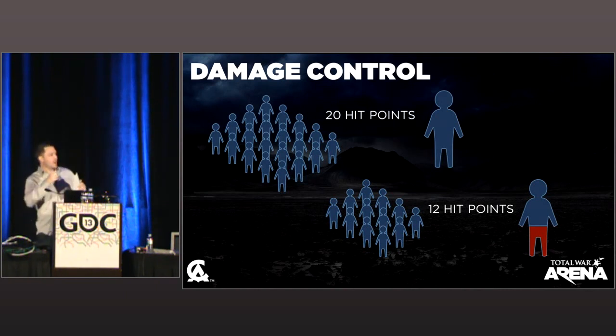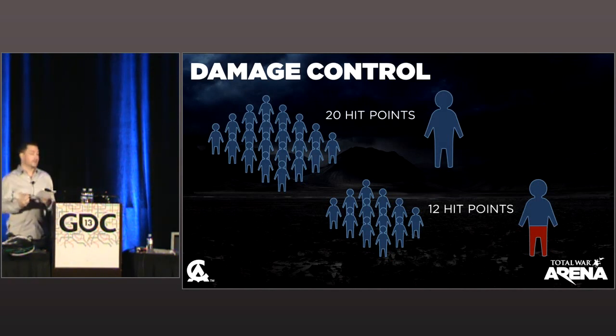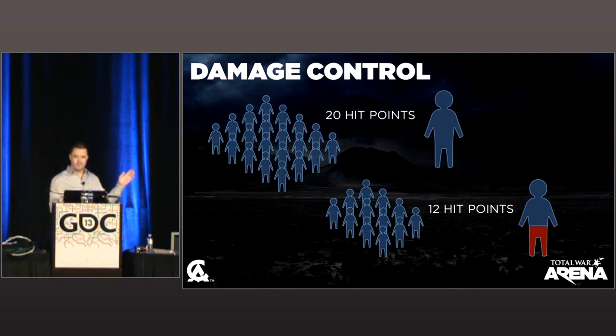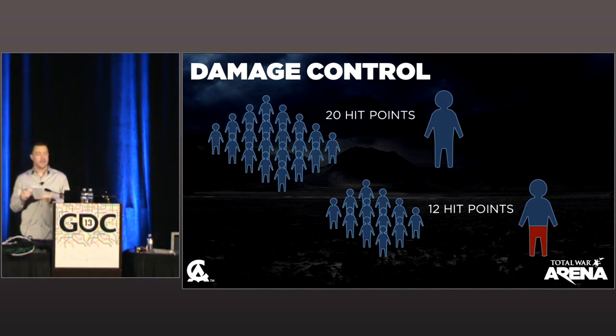So unit A can shoot at B without B shooting at A. Melee is very different. So if we introduce damage into our combat system, what that means is that each man here, each one of these lots of little men, each one of them has hit points. And it means that the units can tank damage without an automatic DPS reduction, without losing their ability to deal damage. But introducing damage actually has an even more important consequence.